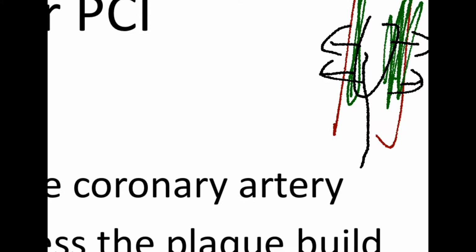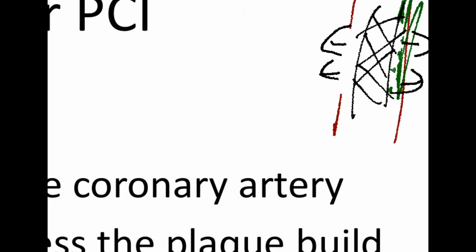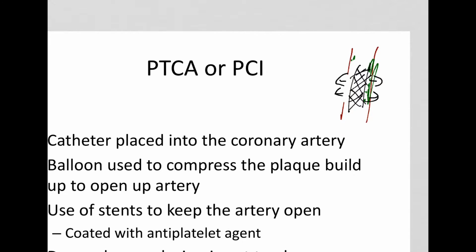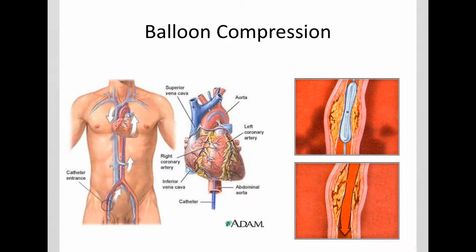Then that balloon is taken out, and a stent is put in. So you come in here, and there's an actual stent that gets put into the heart, and I'm not a very good drawer of that. I think the next slide you'll see an actual picture. The stent helps hold the vessel open, to keep that vessel open and allow blood flow to be restored to the heart.